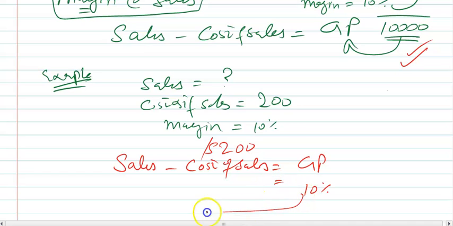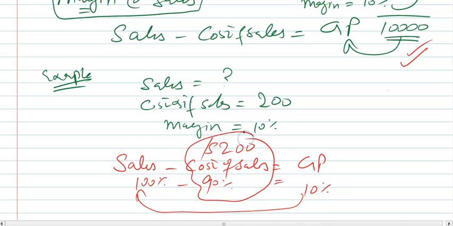So we will put sales as 100%, and you have to calculate the missing percentage. If we deduct 10% from 100%, we get 90%. So this couple is completed. We will use 200 divided by 90 multiplied by 100. That is 90%, and you have to find 100%.